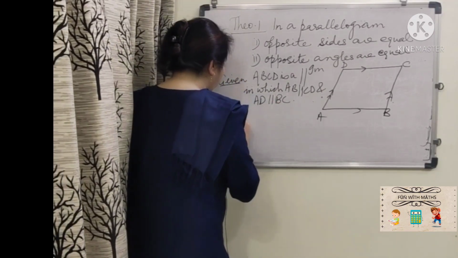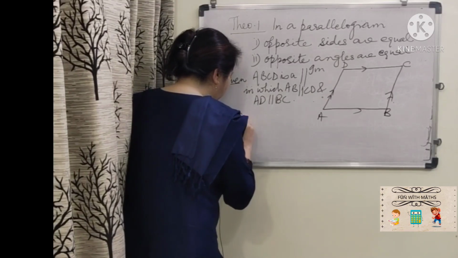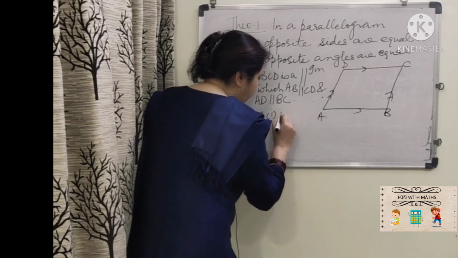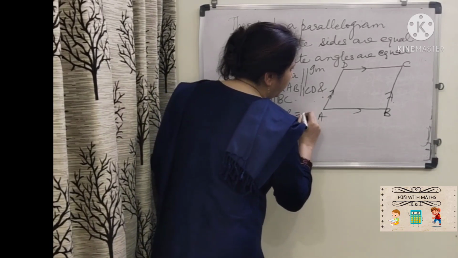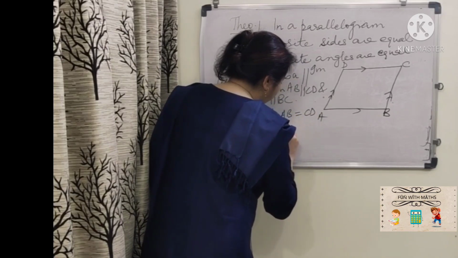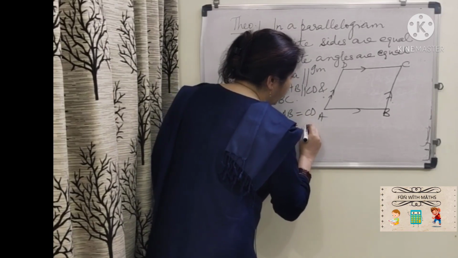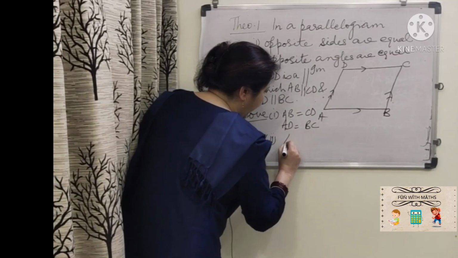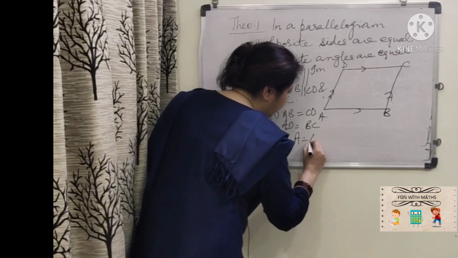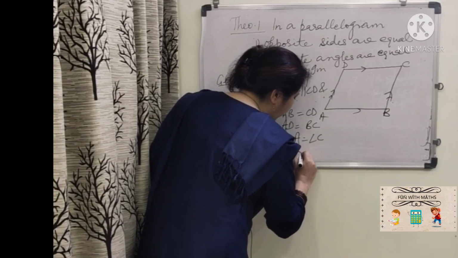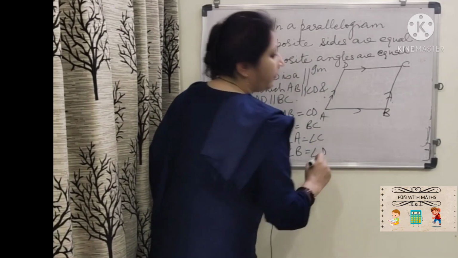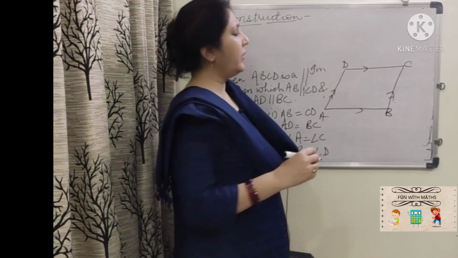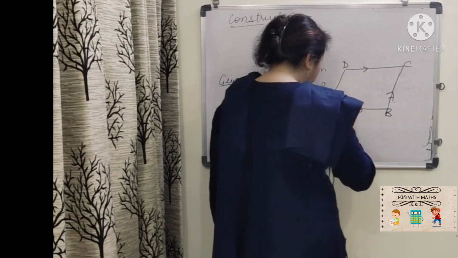We will write, to prove. We have to prove, first part, AB is equal to CD and AD is equal to BC. In the second part, we will prove angle A is equal to angle C and angle B is equal to angle D. Now in construction, what construction will we do?